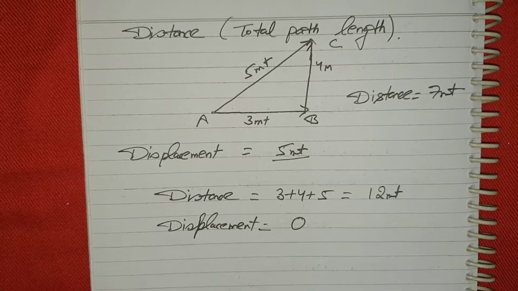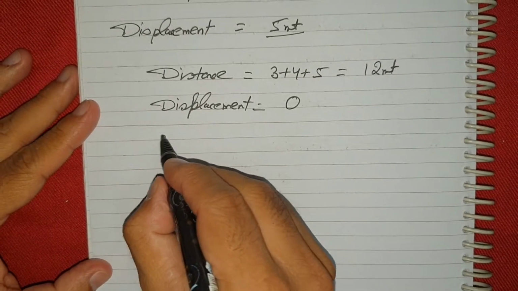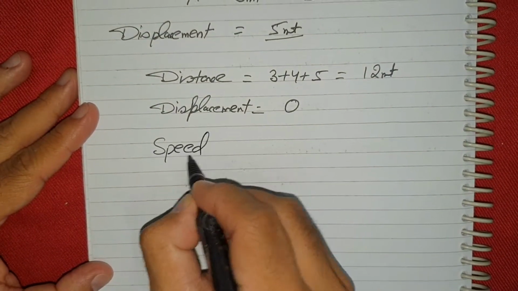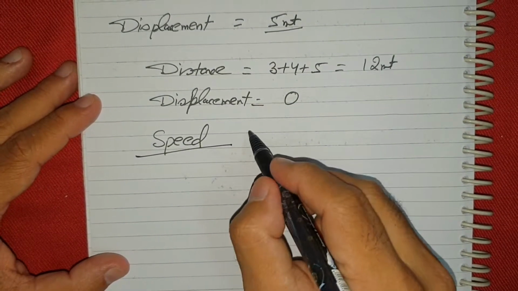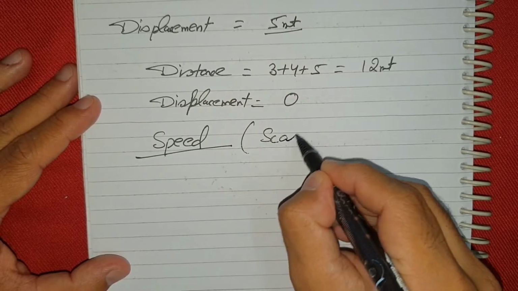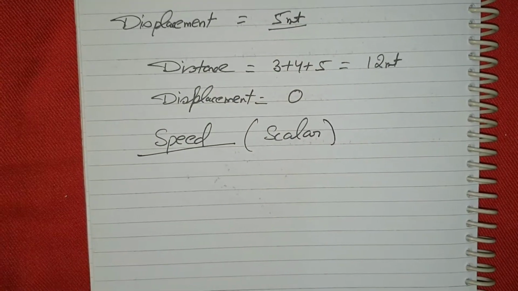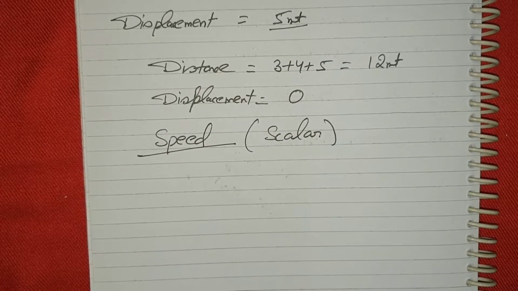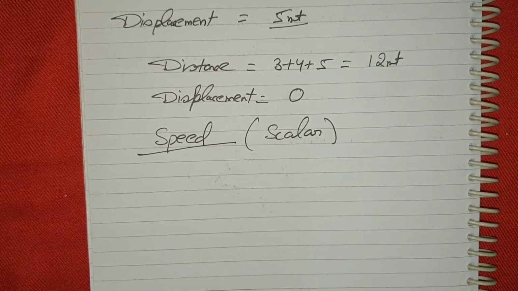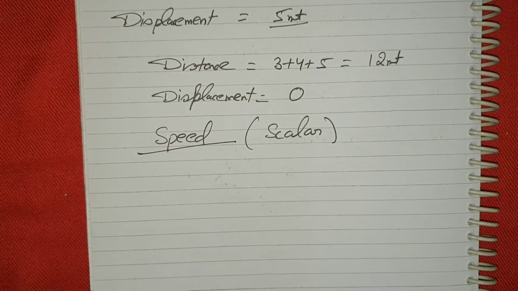Now, our next topic is speed. We all know, as we have discussed, the speed. First of all I should tell you, speed is a scalar quantity. Speed of an object in motion is defined as the ratio of the total path length covered and the corresponding time taken by the object.